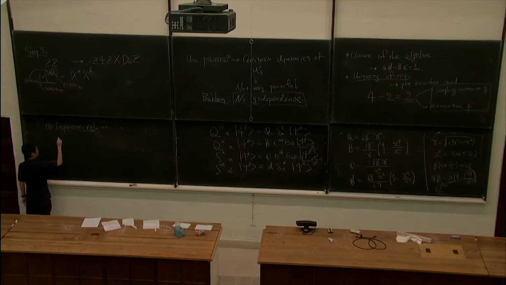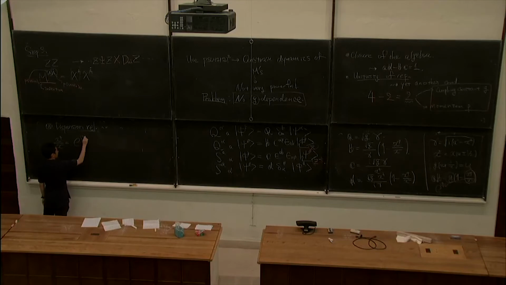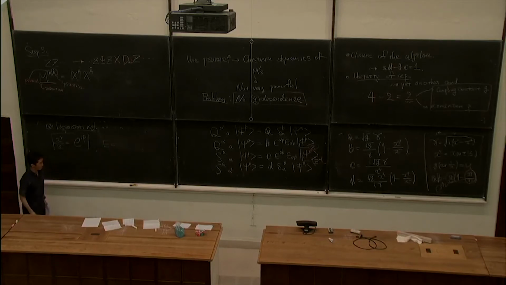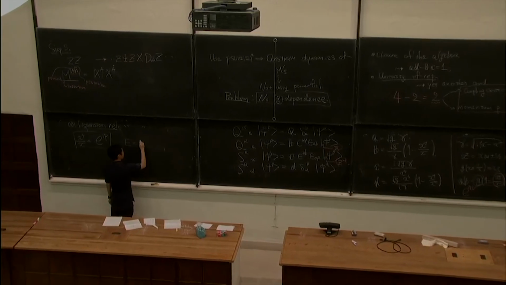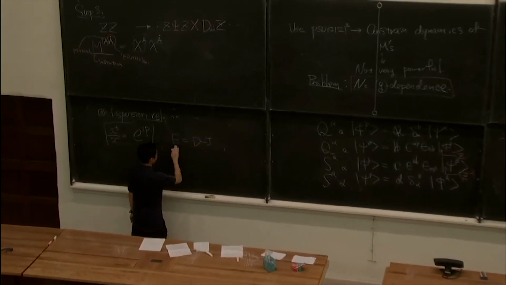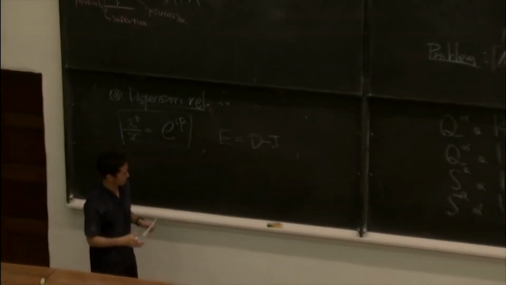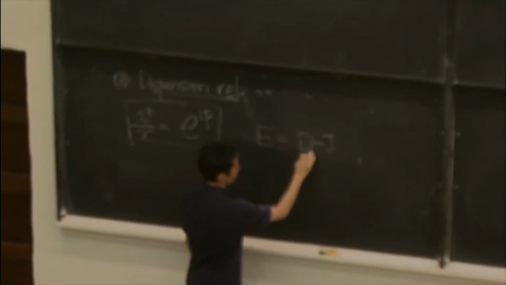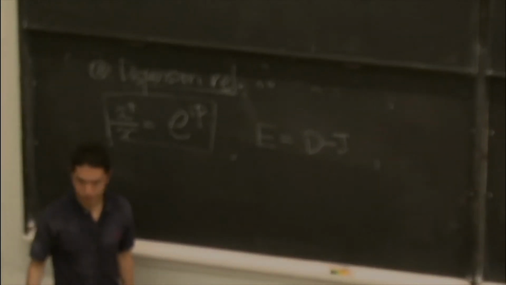I was saying that this should be interpreted as e to the ip, and this p should have the interpretation of momentum of the magnon. And also, we know what the energy is just from this algebra. The reason is that the energy E of the spin chain in the previous lecture was related to the anomalous dimension, and this anomalous dimension is also related to the eigenvalue of the dilatation operator.